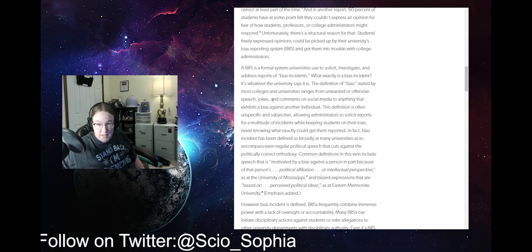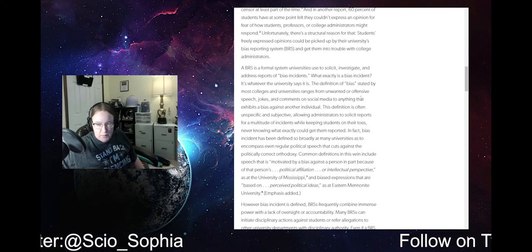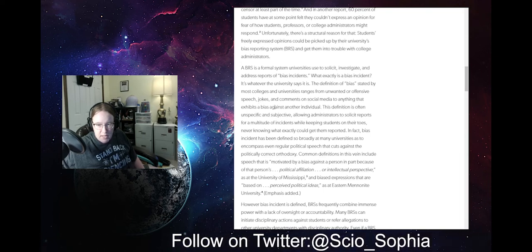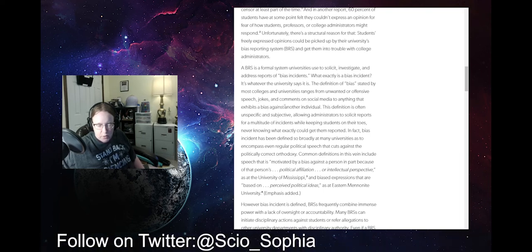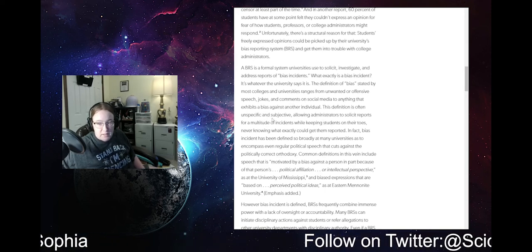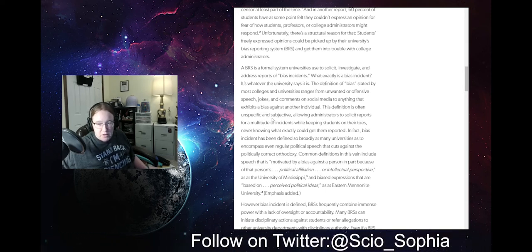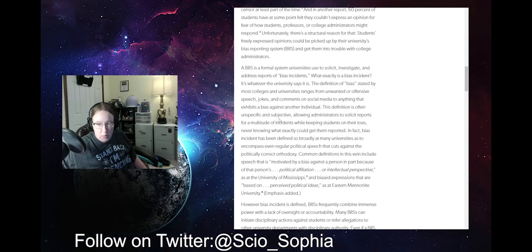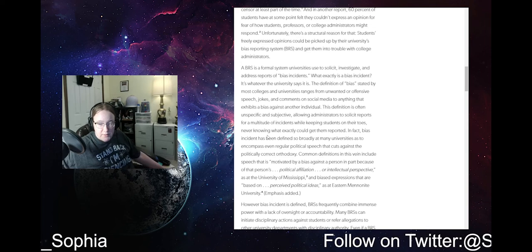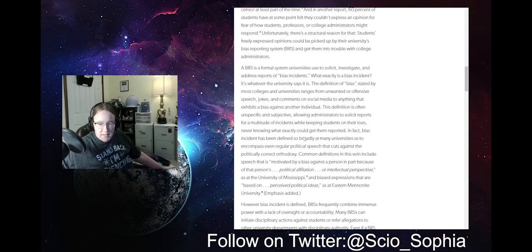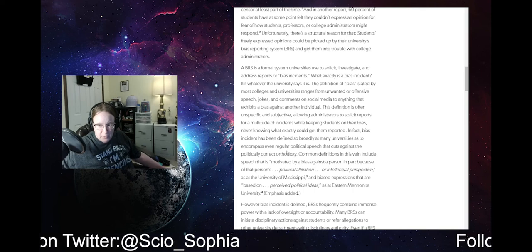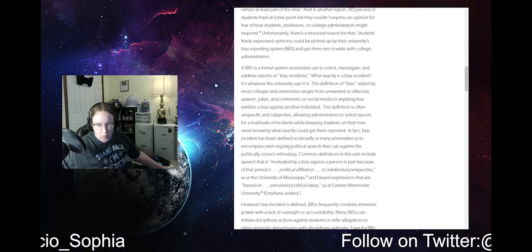The definition of bias stated by most colleges and universities ranges from unwanted or offensive speech, jokes, and comments on social media to anything that exhibits bias against another individual. This definition is often unspecified and subjective, allowing administrators to solicit reports for a multitude of incidents while keeping students on their toes, never knowing what exactly could get them reported. In fact, bias incident has been defined so broadly at many universities to encompass even regular political speech that cuts against politically correct orthodoxy.